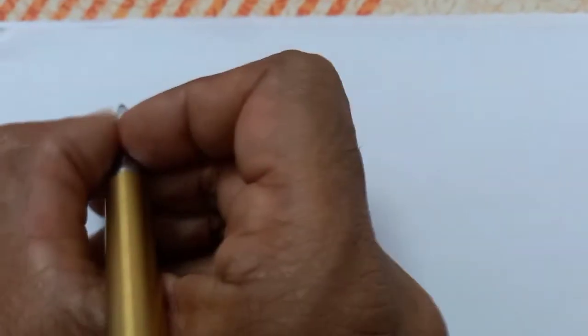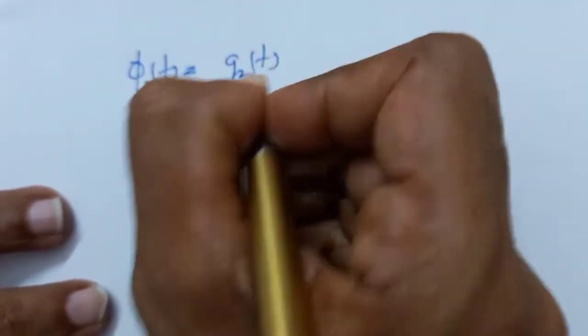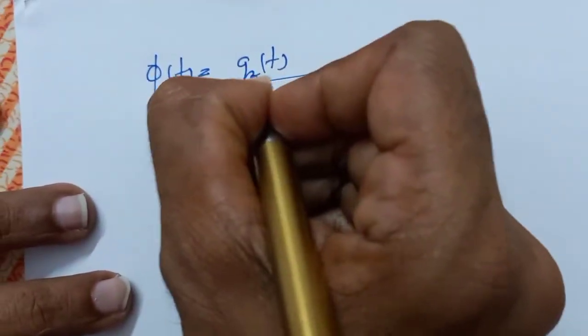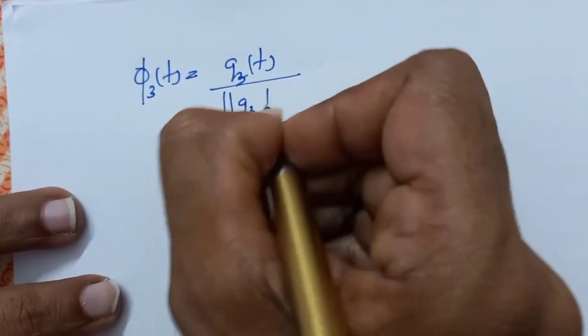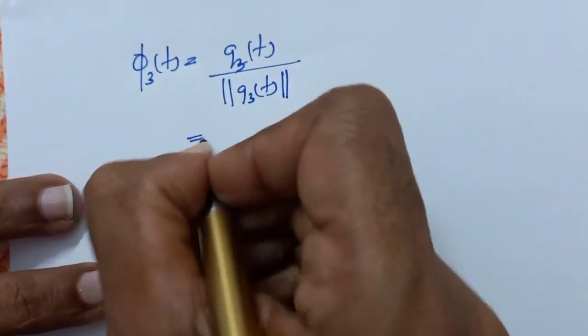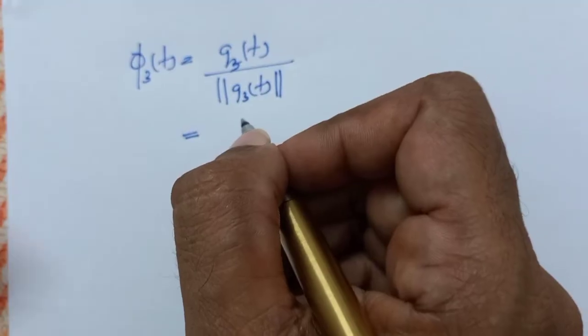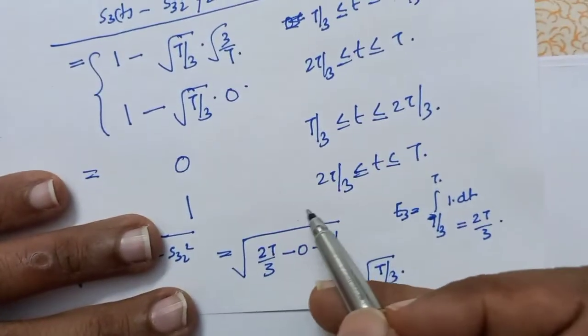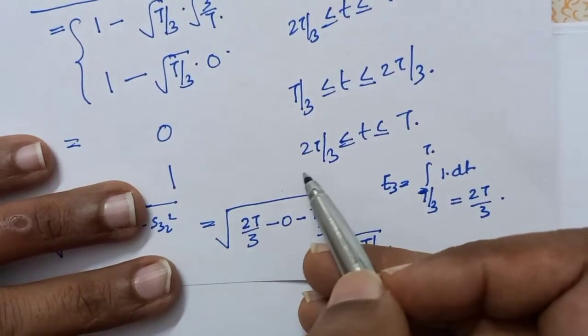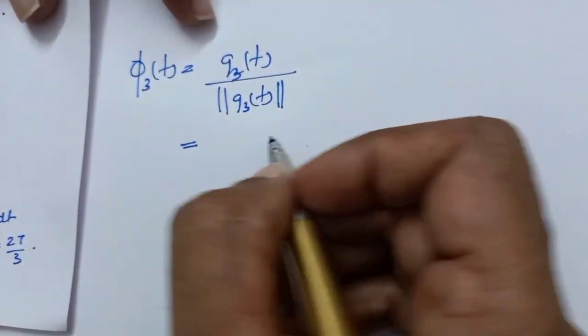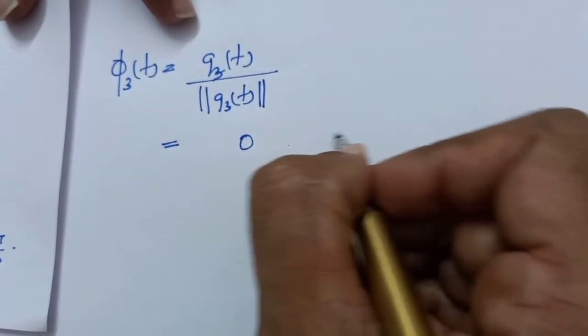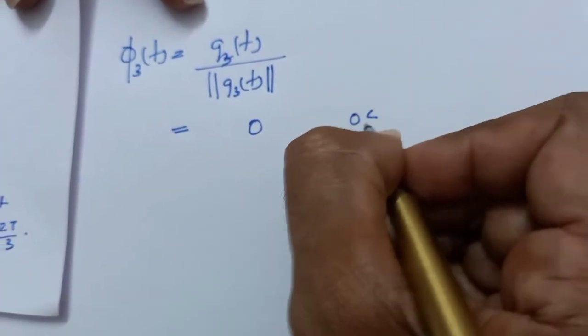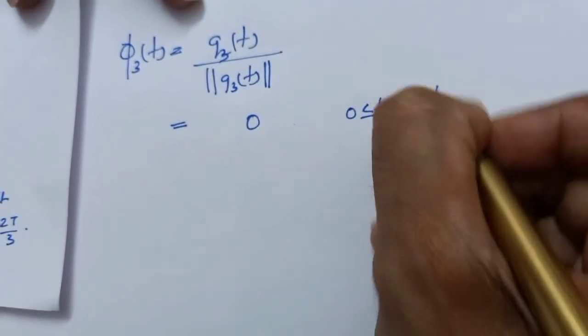So phi3(t) is equal to g3(t) divided by the norm of g3(t). We know that g3(t) is present only in the range of 2T by 3 to T, right? So I will write it as 0 for 0 less than or equal to t less than or equal to T by 3.